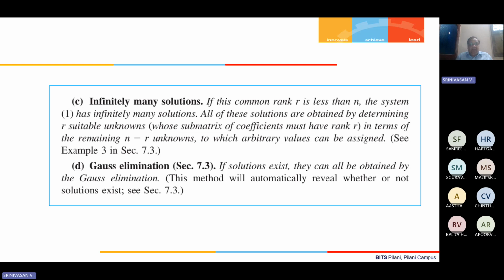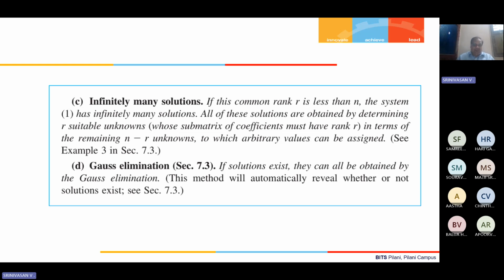So you have the coefficient matrix A, an m by n matrix, with m rows and n columns: a11, a12, etc., a1n, etc., am1, am2, etc., amn, multiplied by the column vector x1, x2, etc., xn. The right hand side is the constant column vector.